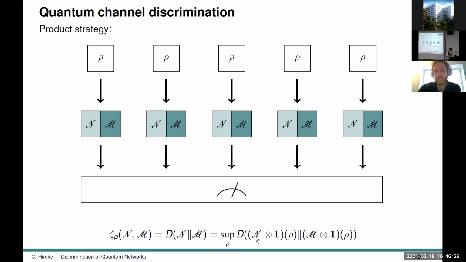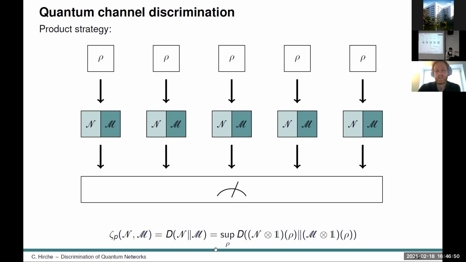And this is simply defined, as you can see on the very bottom of the slide, as optimizing over input states to the channels, or one input state to both of the channels, and then taking the relative entropy of the output states. And we do take into account reference systems here. That might be helpful.